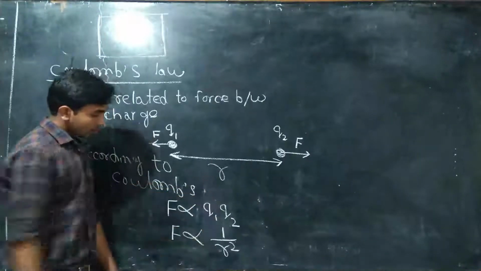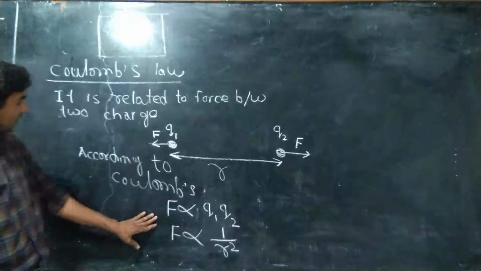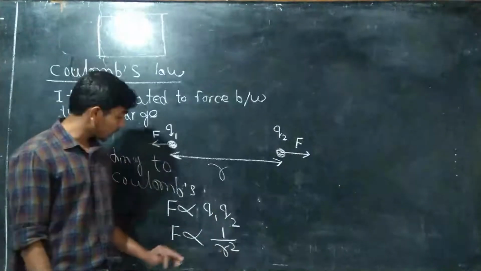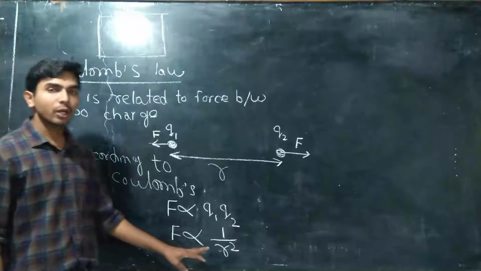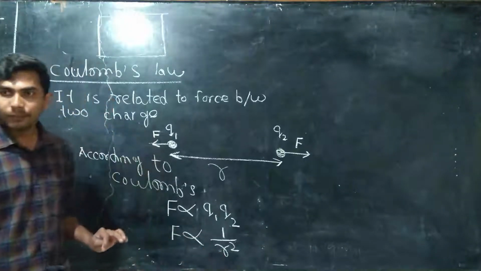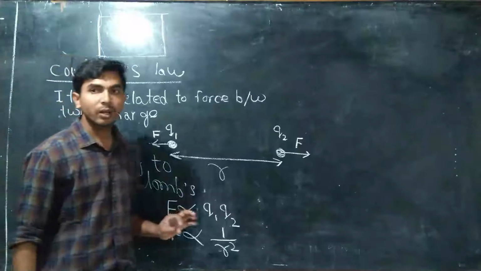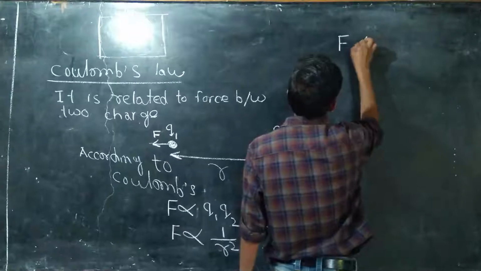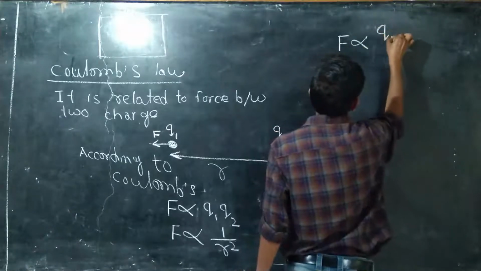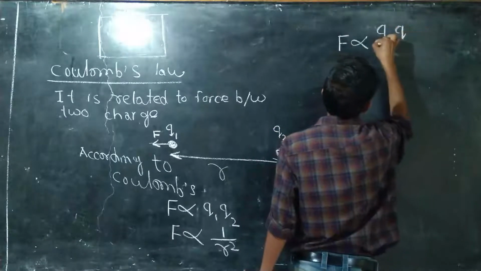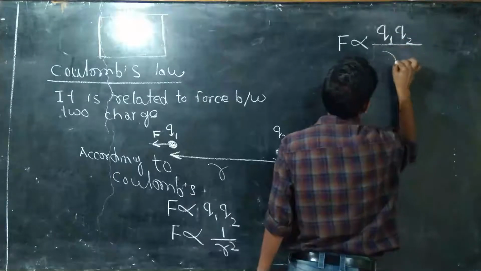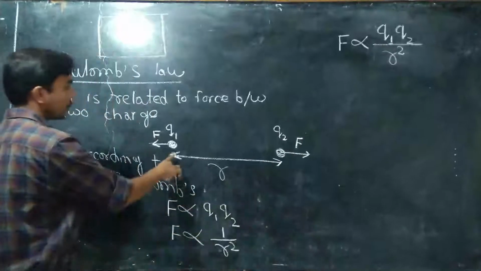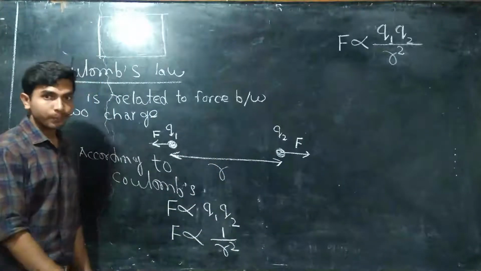R. So F is directly proportional to Q1 into Q2, and F is inversely proportional to R square, where R is the distance between these two charges.